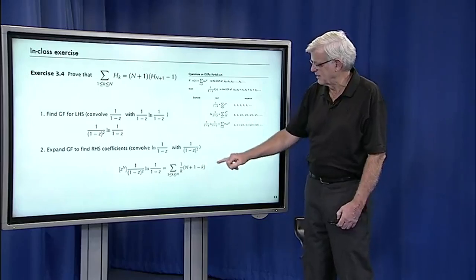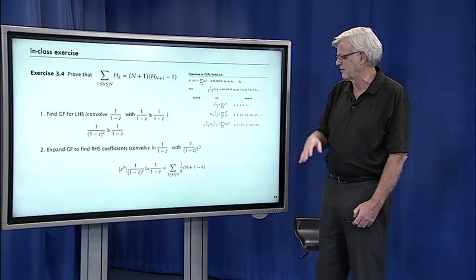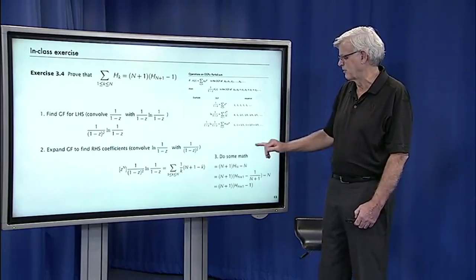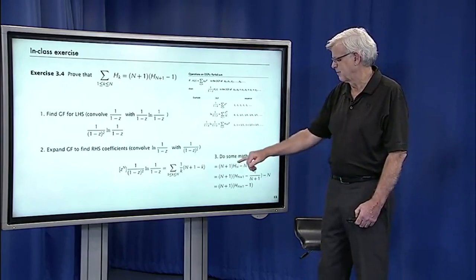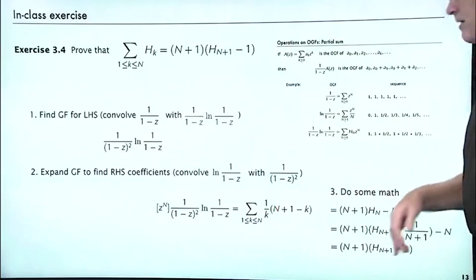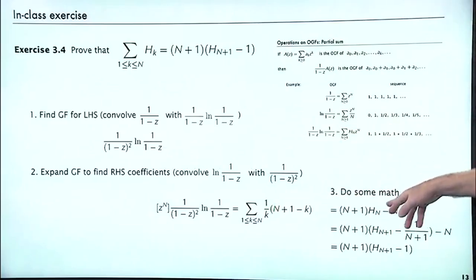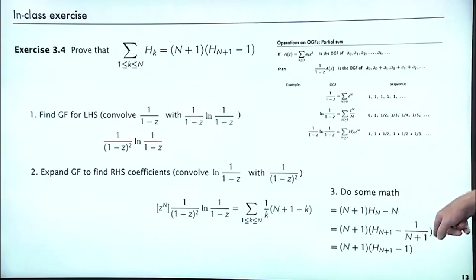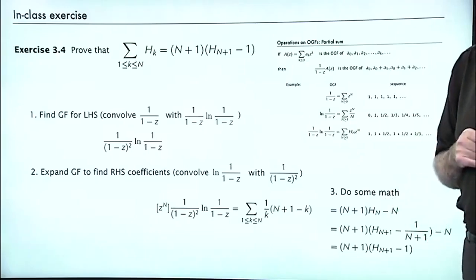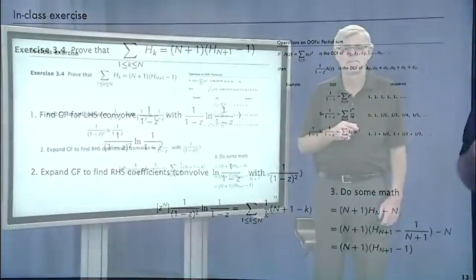It's a sum, but all the pieces of that sum we can do. We just have to do a little bit of math. It's n plus 1 times h of n, that's the first term, and then minus k over k, and there's n terms, so it's just minus n. And then we just need to note that h of n is h of n plus 1 minus 1 over n plus 1, and then a little algebra gives us the solution.